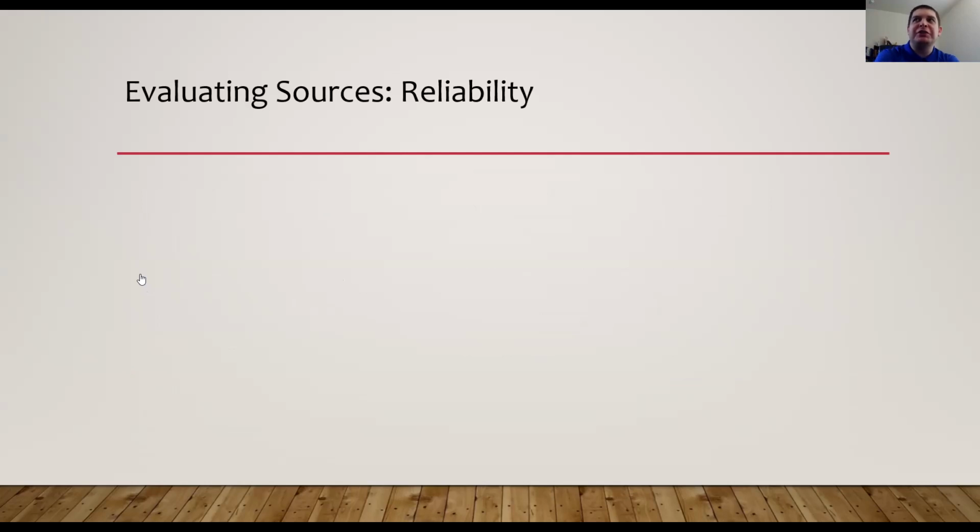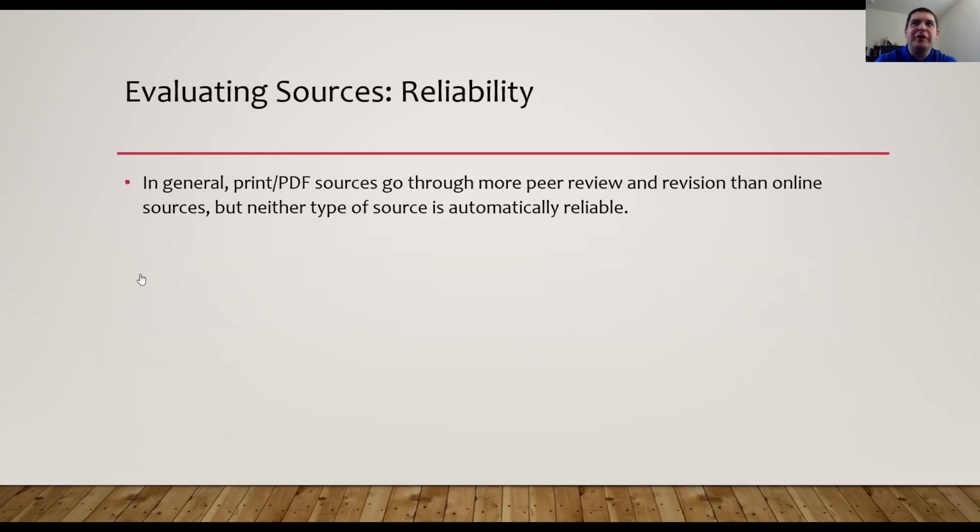So once you have your sources, then you have to decide what to do with them. And you need to evaluate not just do they relate to your topic, but are they going to be appropriate for the assignment that you're doing. So I'm going to start with the aspect of reliability.